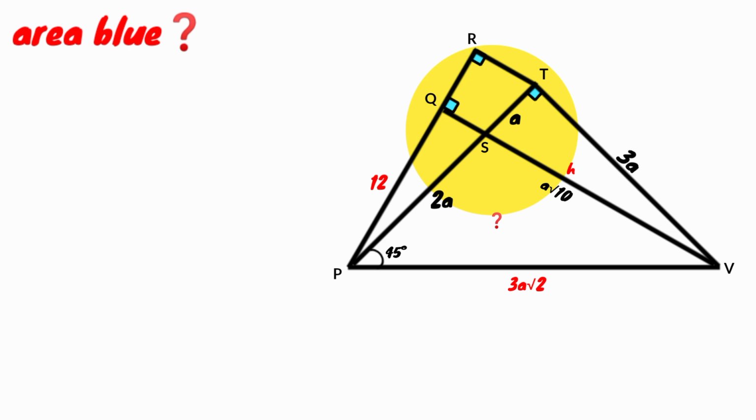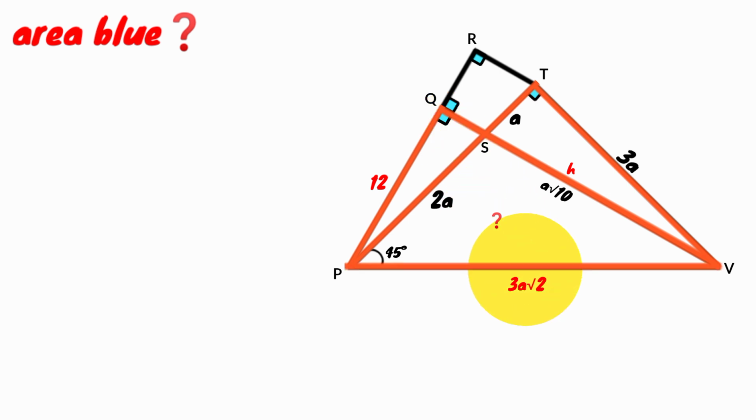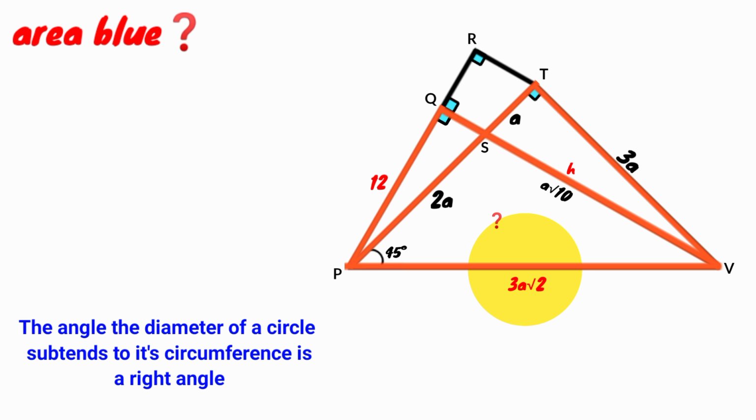Come here, we see this angle and this, both are right angle and both are subtended by this same line PV. We know from the circle theory the diameter of a circle always subtends a right angle to its circumference. So here, if we assume this line PV is a diameter of a circle, its circumference will pass through this point and this point.